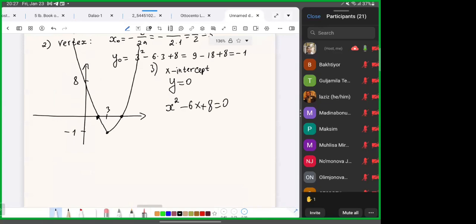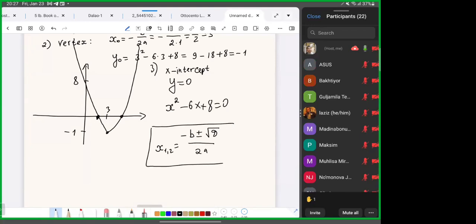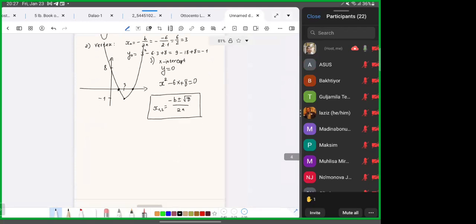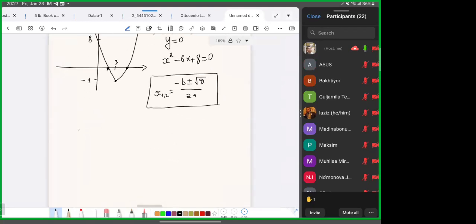For solving a quadratic equation, we have the discriminant formula. So x1 and x2 can be found with this formula: minus b plus minus root of discriminant divided by 2a. Every SAT student must know this formula. So if we use it, we can calculate the discriminant.